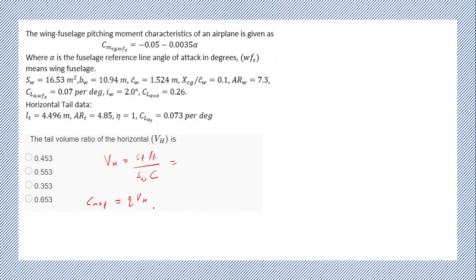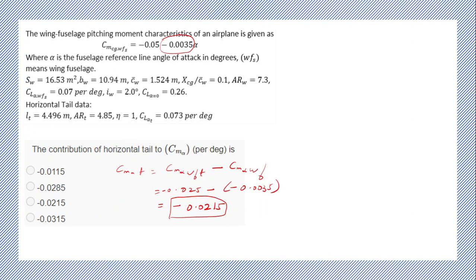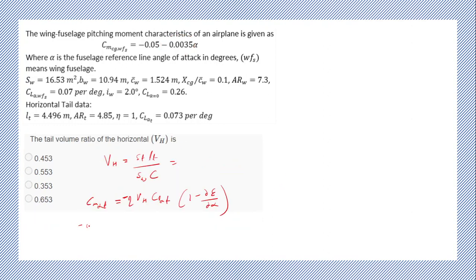Okay, so I think Cl alpha tail is the one, but this should be a Cm alpha of the tail, right? Correct. So Cm alpha tail we had calculated as minus 0.0215. Eta is given as 1.